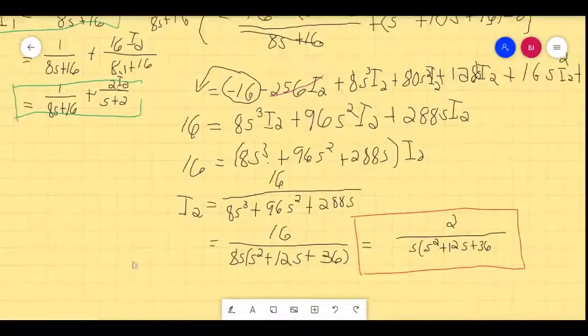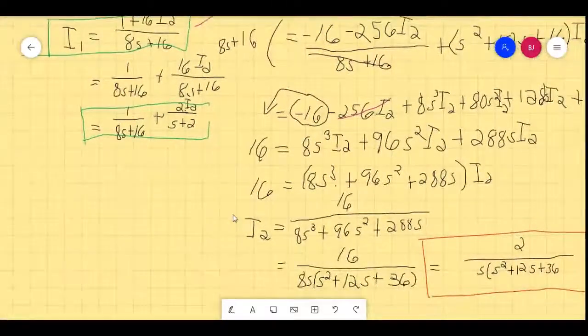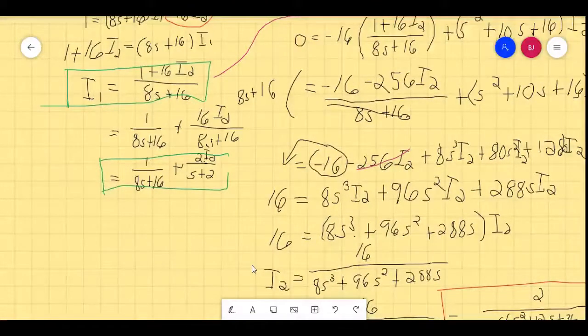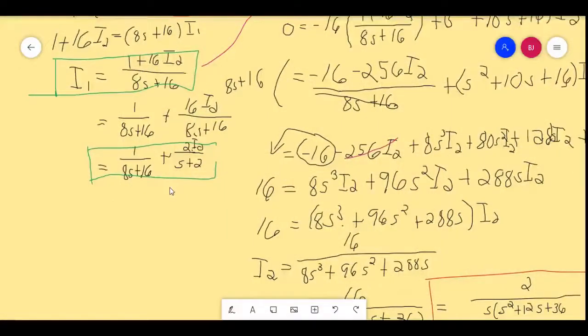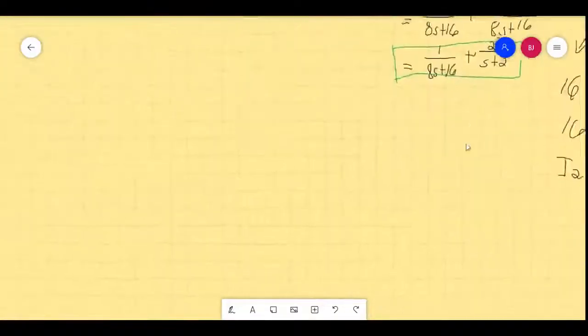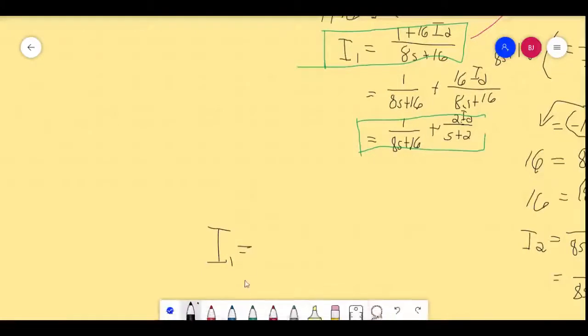Now once we get I2, we can use this and substitute it either here or here to get I1. So where do you want to put that? Let's just use this. So we'll have the equation again, which is I1 equal to 1 plus 16 I2.